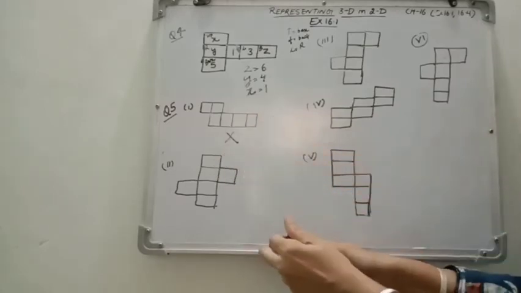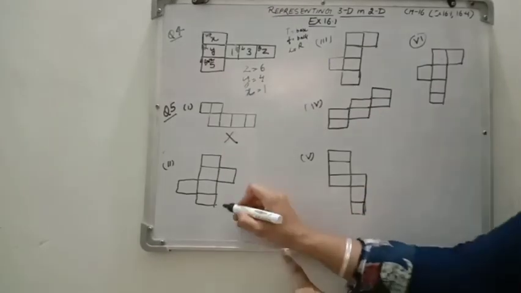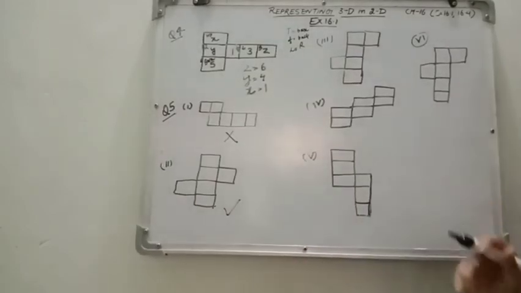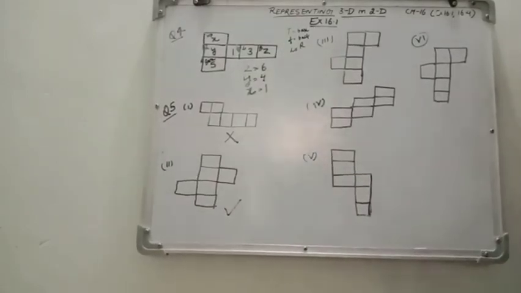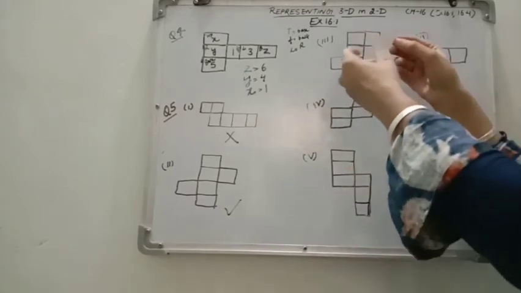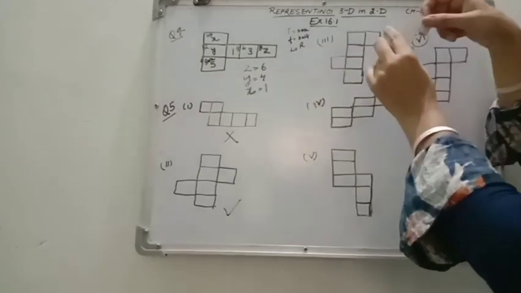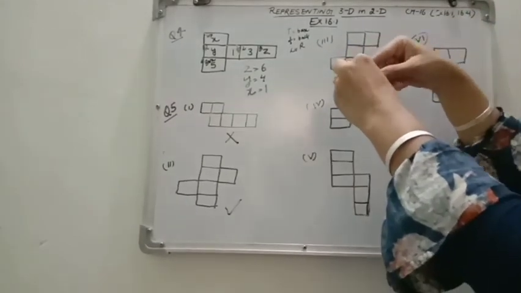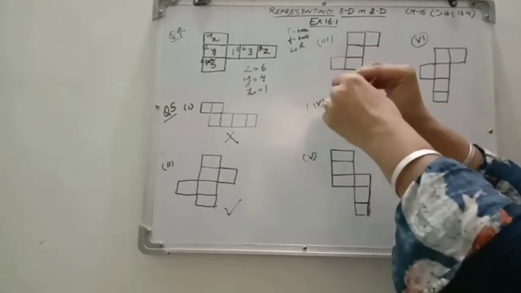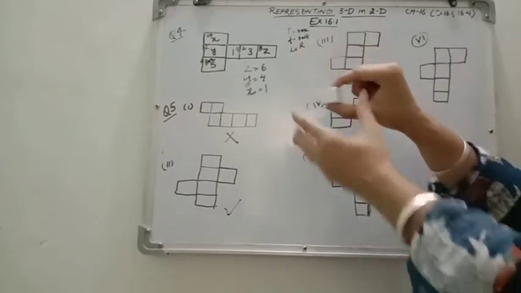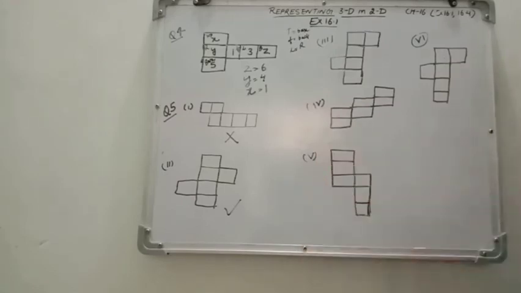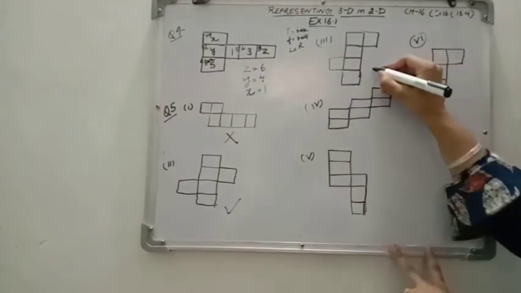So its answer is yes. Now third, see this type of net is given to you. Okay, if we fold, so yes, it becomes a cube. So its answer also is yes.